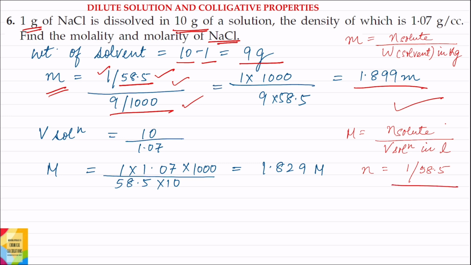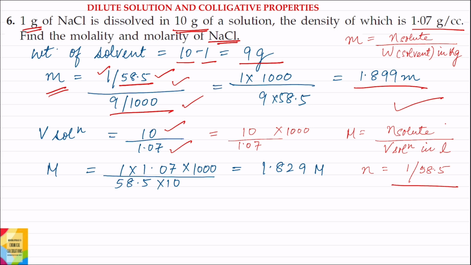Volume of solution will be equal to weight divided by density. This will give the volume of solution. Now the density value is in gram per centimeter cube, so volume of solution will be in milliliters when we divide weight by density. To convert the volume into liters, the volume of solution in liters will be 10 divided by 1.07 into 1000. This will give the volume of solution in liters.